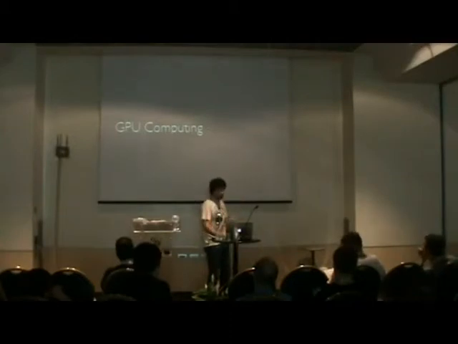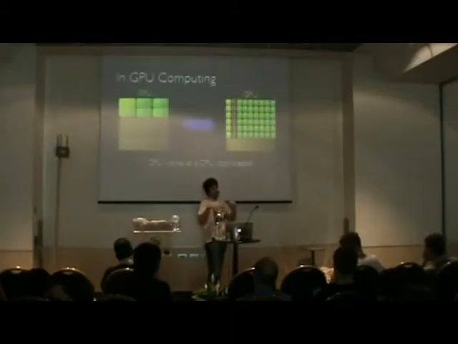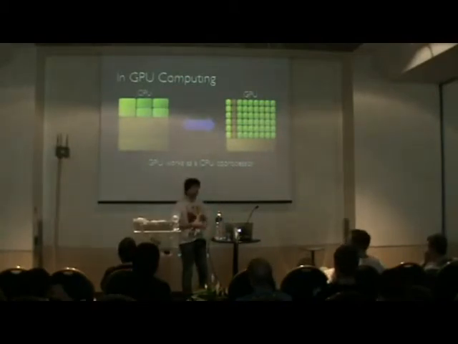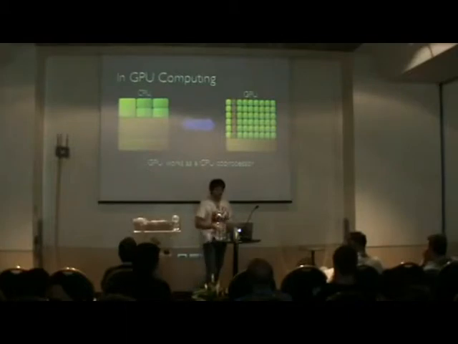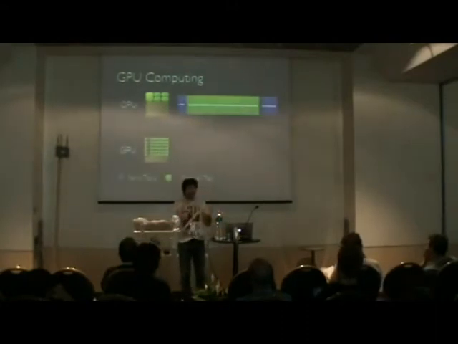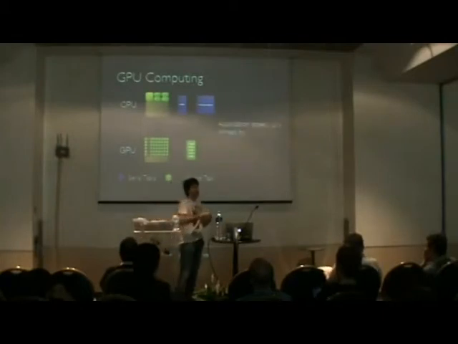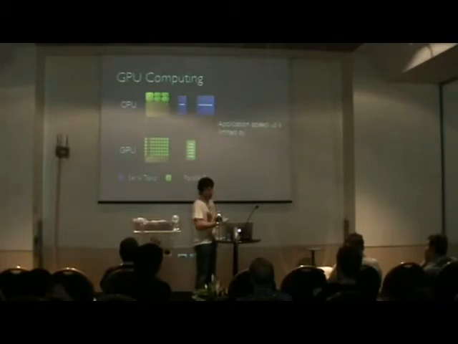In GPU computing, the GPU works as a coprocessor for the CPU. And in your application, you can move the tasks that can be executed in parallel to the GPU and exploit the highly multi-core architecture of the GPU to achieve some speedups.